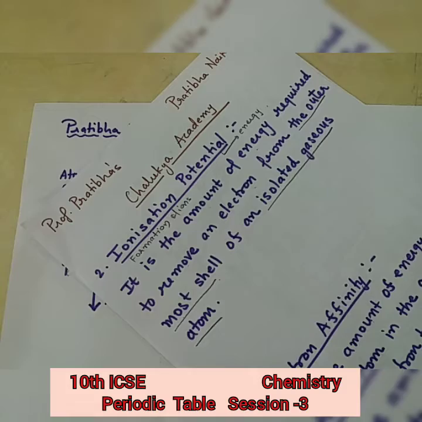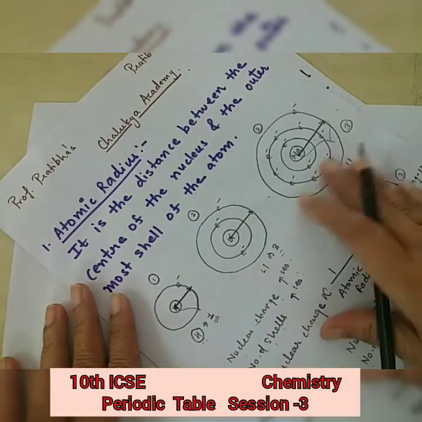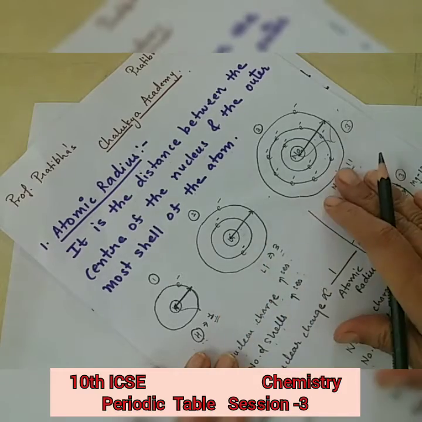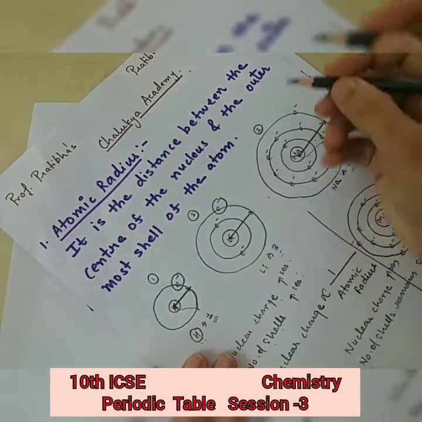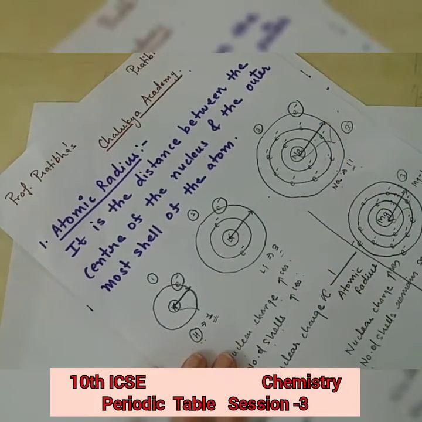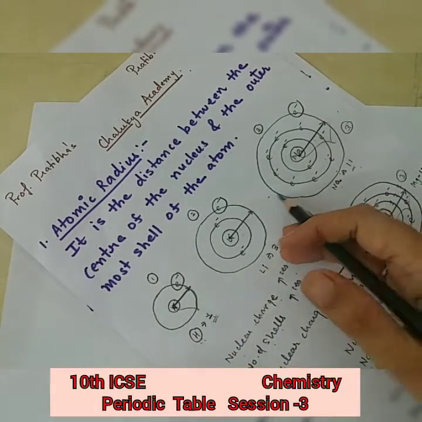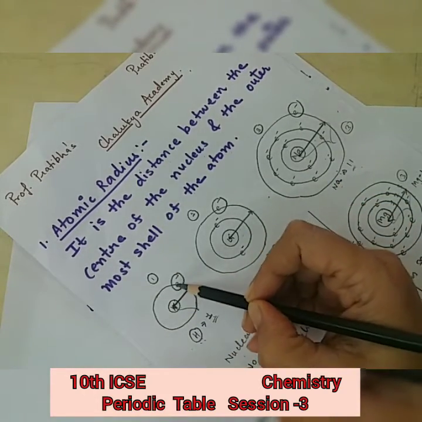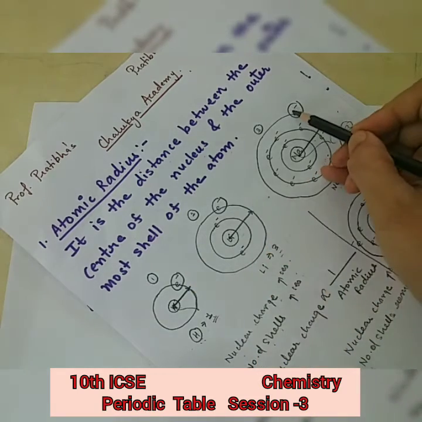Now, here we can see the examples of hydrogen, lithium, sodium. You can see here the valence electron present in hydrogen, lithium and sodium respectively. As the atomic radius increases, the distance between the nucleus and the outermost electron, that is the valence shell electron, also increases.